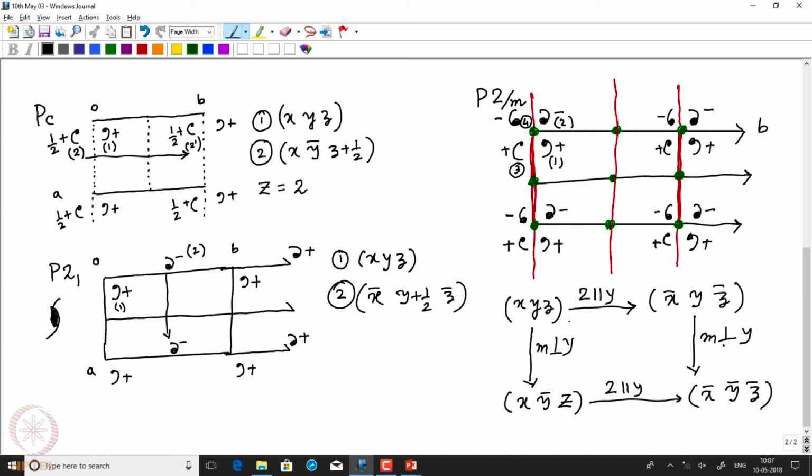What is the relationship between x, y, z and x bar, y bar, z bar? Is inversion. What is the relationship between x, y bar, z and x bar, y, z bar? Is also inversion.